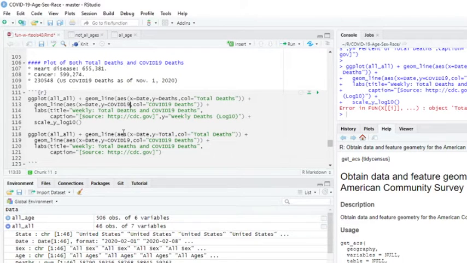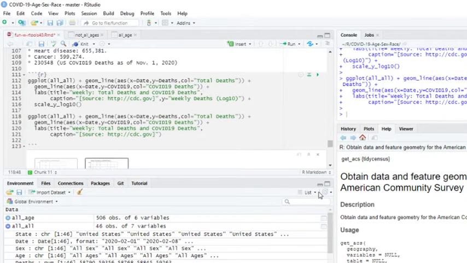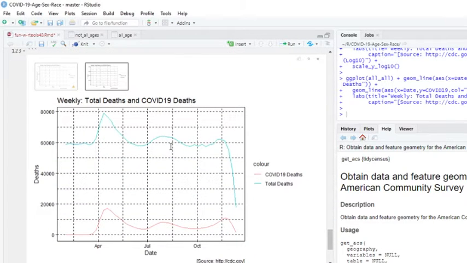Okay, that's what we got here now. So this is just the weekly total deaths and COVID-19 deaths. So you can see the COVID-19 deaths are way down here, and the total deaths are way up here. Look at the difference here. To me, that's fascinating.